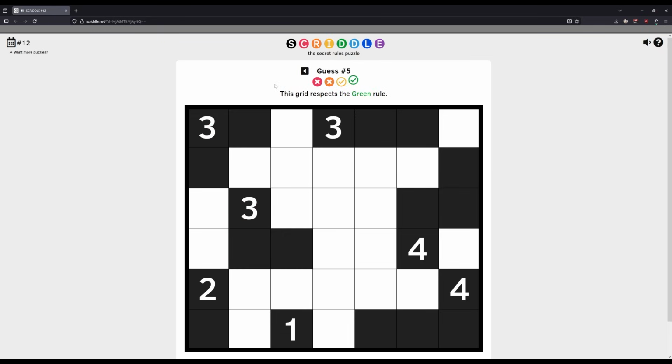I'm getting deja vu, folks, because in one of the previous Scriddles we couldn't repeat the same shape, and I'm beginning to get that feeling again.